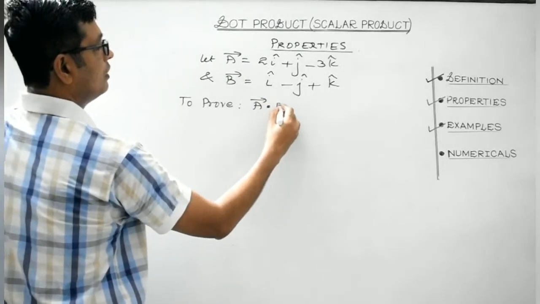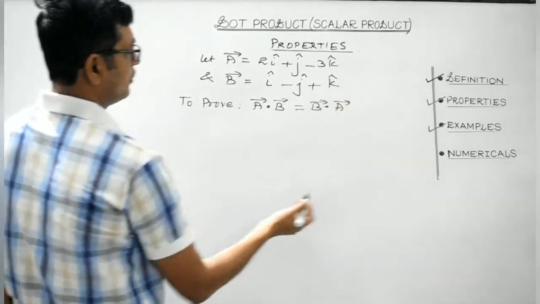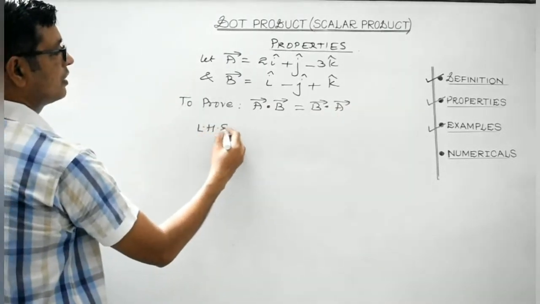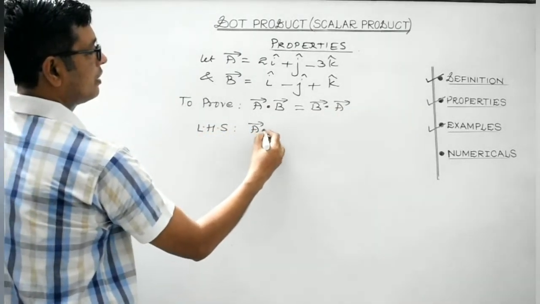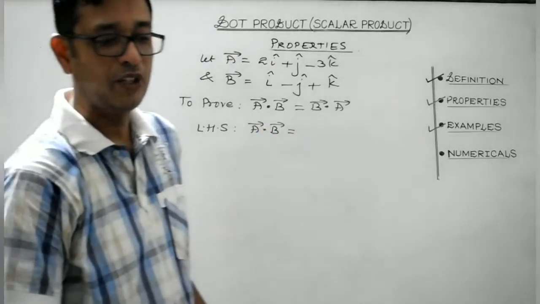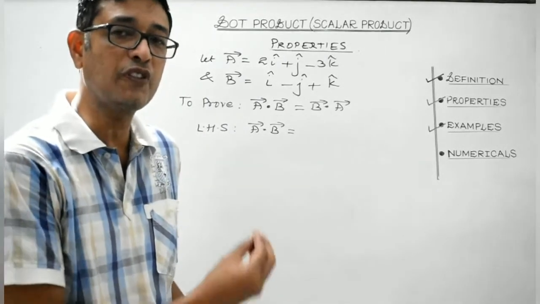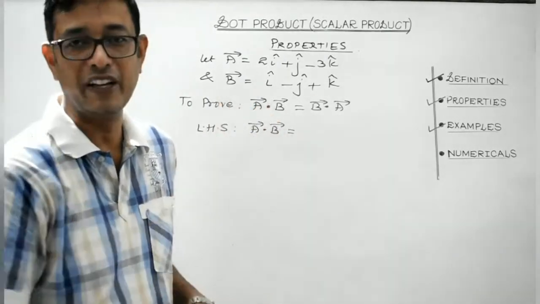So to prove A dot B is equal to B dot A, it's very simple. Let's consider the left hand side, which is A vector dot B vector. We are aware A dot B will be given by the sum of the product of the coefficients of i cap, j cap and k cap of both the vectors, right?